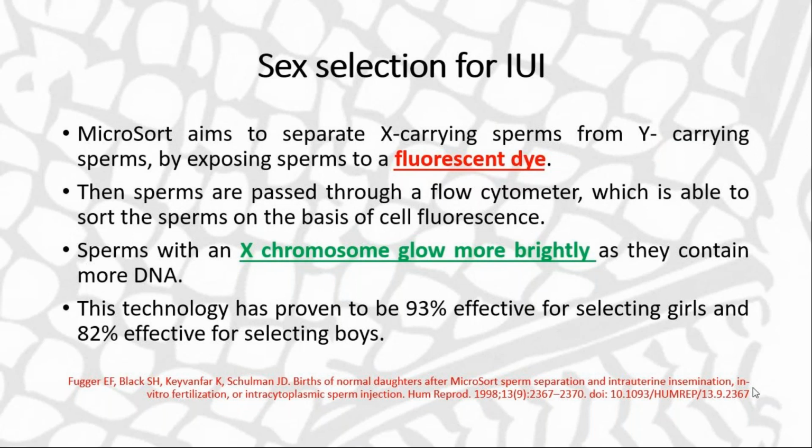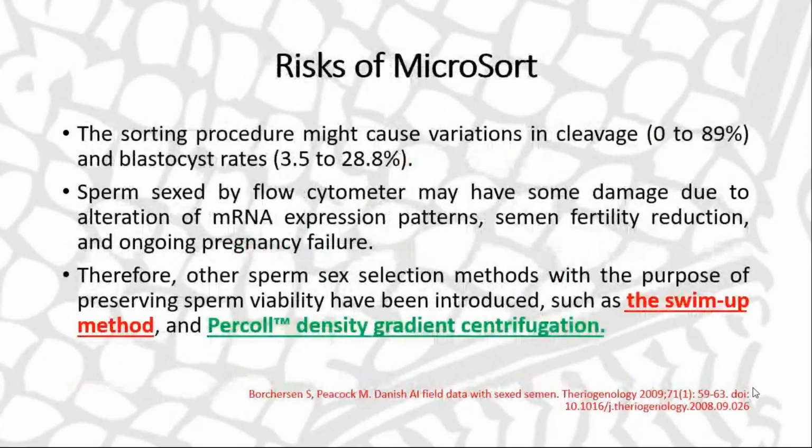This MicroSort comes with risks. Sometimes the sorting procedure might cause variation in cleavage, fertilization and ongoing pregnancy rate due to abnormalities and alteration of the messenger RNA expression patterns or the fertilization rate of the sperms. So there were other selection methods like the swim up method and Percoll density gradient centrifugation.